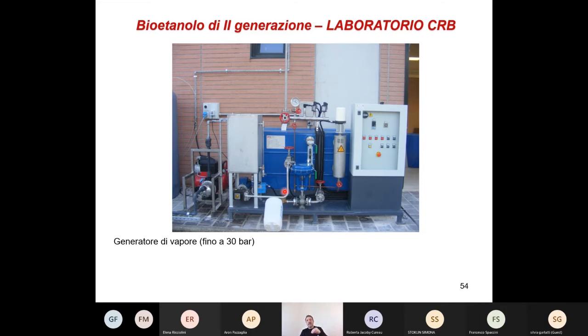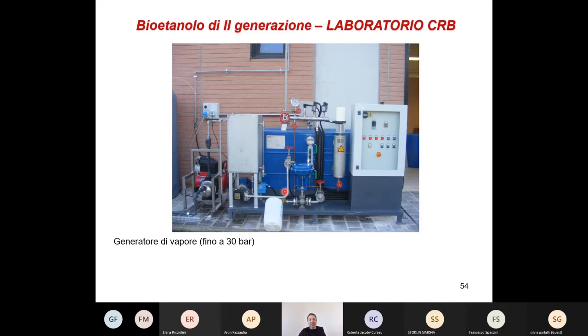And of course, in the idea of a biorefinery or a sustainable process, the energy that you need for steam generation must be obtained from renewable energy. Otherwise, the sustainability of the process is just a big problem before starting the pathway.